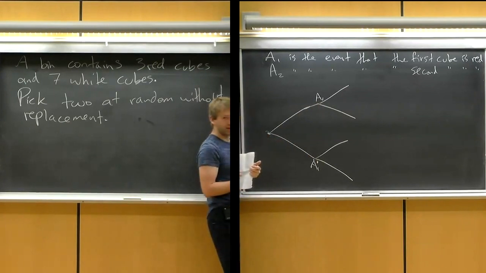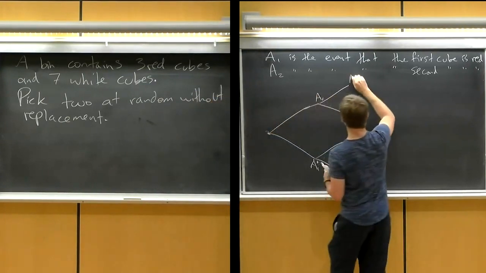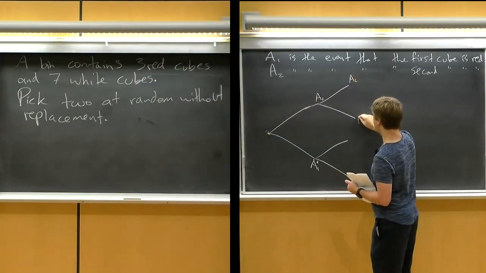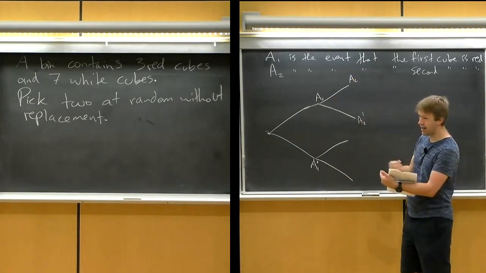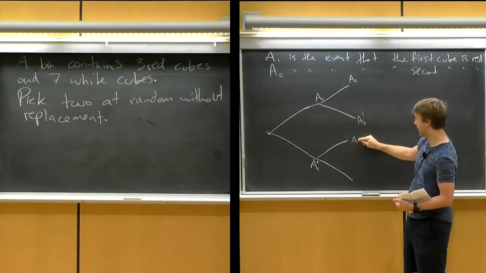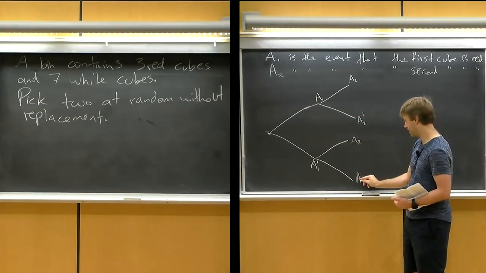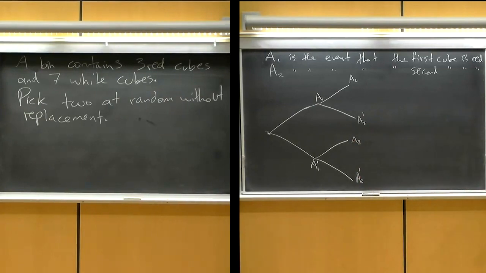And then when you pick a second cube, you either get A2 or A2 complement. And you get that in both of the different cases, right? So here you also have A2 and A2 complement.